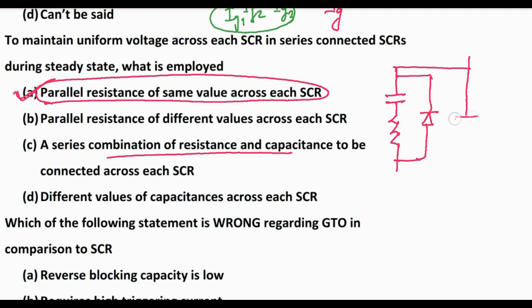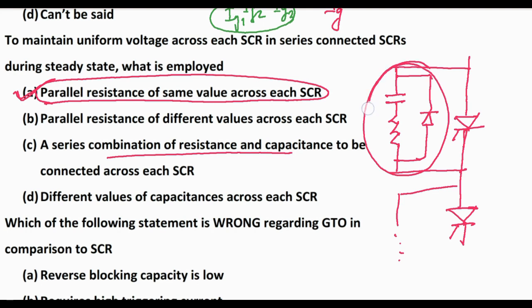I am here drawing one SCR and there will be a lot of SCRs. Suppose here is another SCR, and this SCR also has the parallel circuit like that. This is the dynamic equalizing circuit, and the other R is called the static equalizing resistance. Here the question is regarding this one.